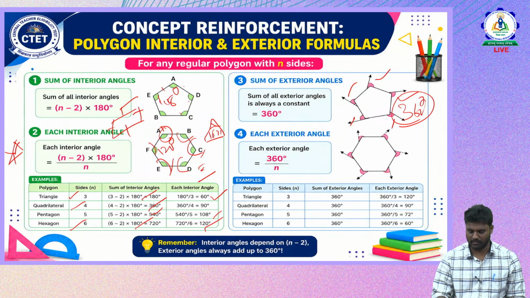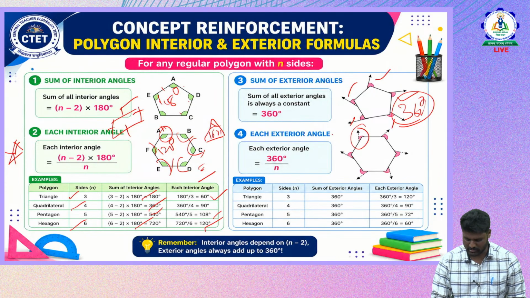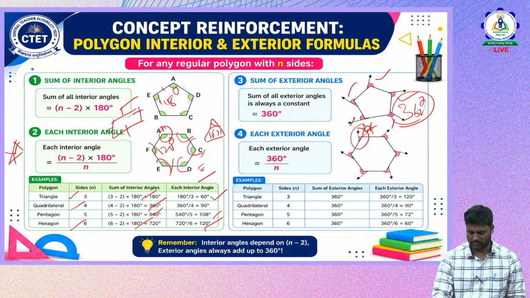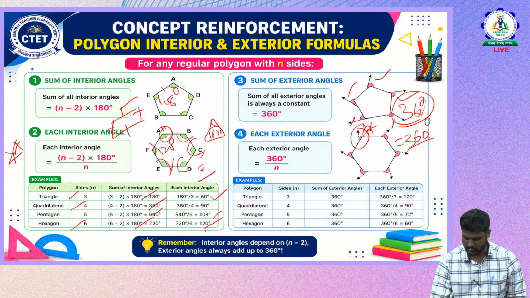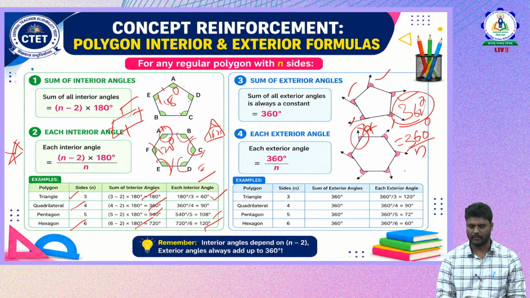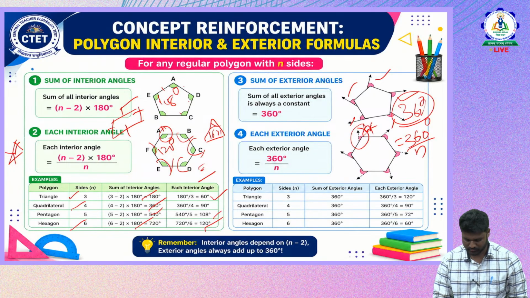Now, in order to identify each exterior angle, suppose I want to identify angle A. For each exterior angle, the formula will be 360 degrees divided by n. Suppose we take the triangle.